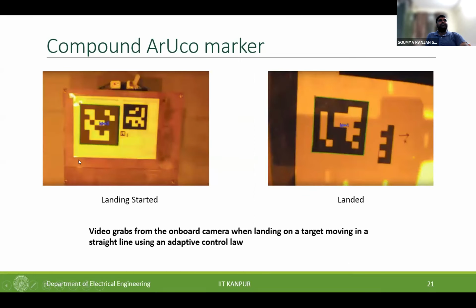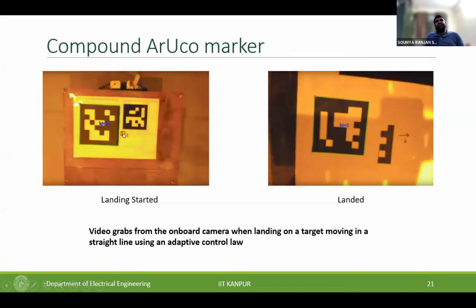So this is the view of the ArUco marker that was placed on the moving platform. Below this flyboard, there is this ground rover that we have, which was an autonomous ground rover, and the paths were commanded to it directly. They are programmed in it. And this is the ArUco marker that we had printed in the lab. This is the big ArUco marker, and this one is the smaller one.